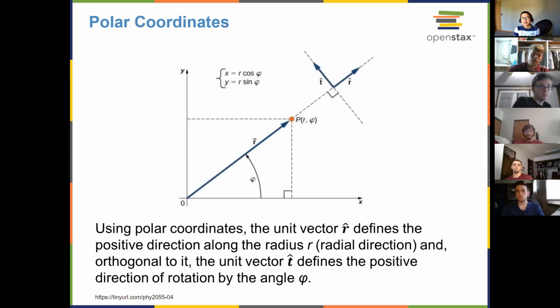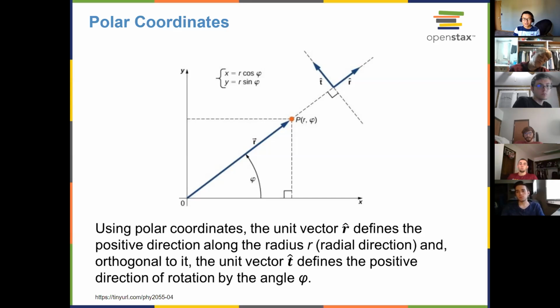Now another coordinate system is called the polar coordinate system, which is identical to how you describe a vector. It's given in magnitude and direction angle, r and phi here.